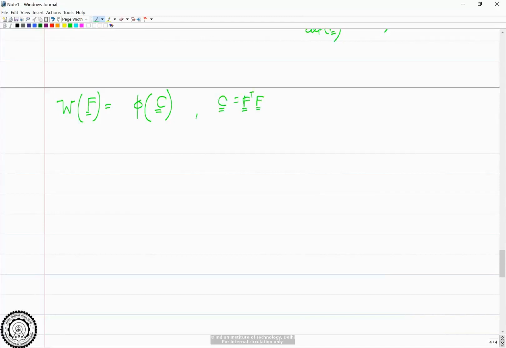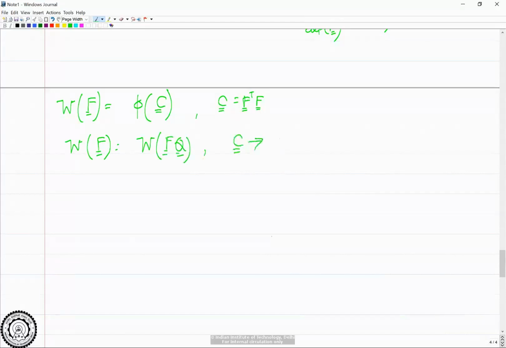Now let us see what happens to W if we further incorporate symmetry in it. So symmetry means W of F is equal to W of FQ, right? So how does C change in this case?